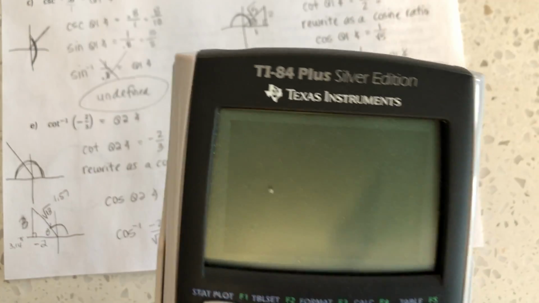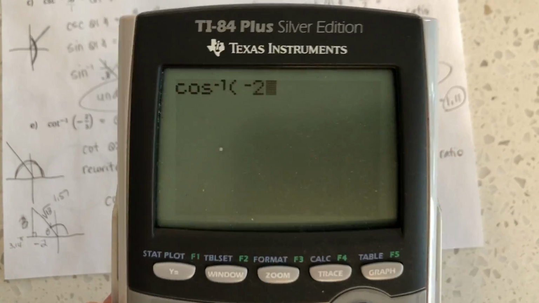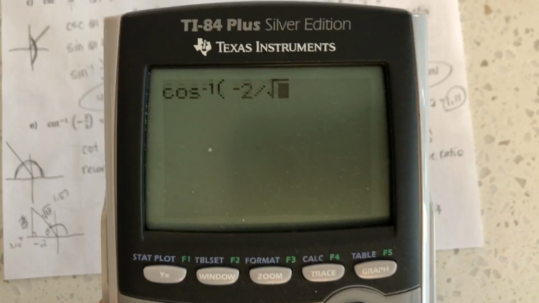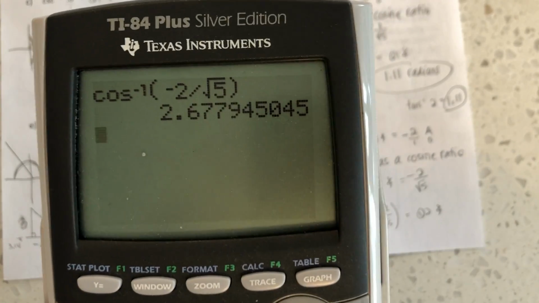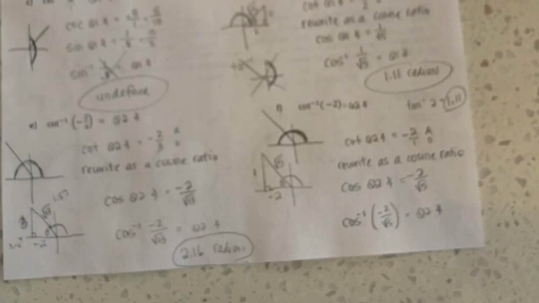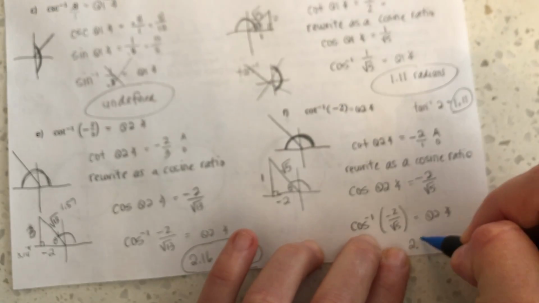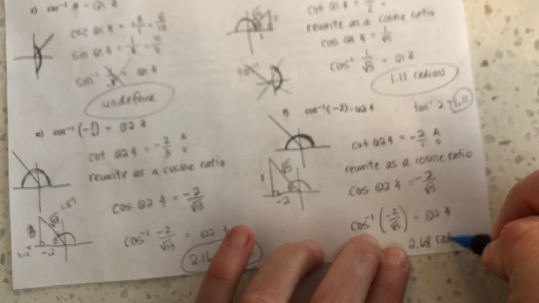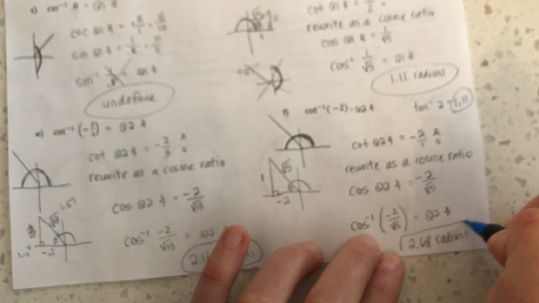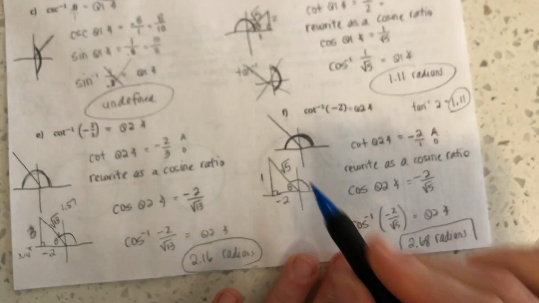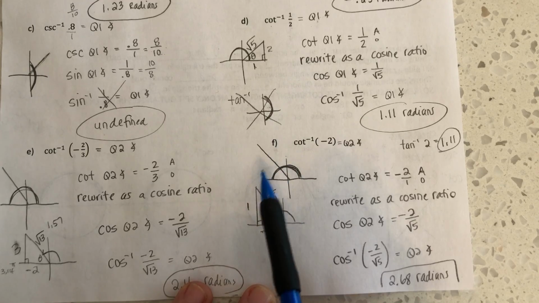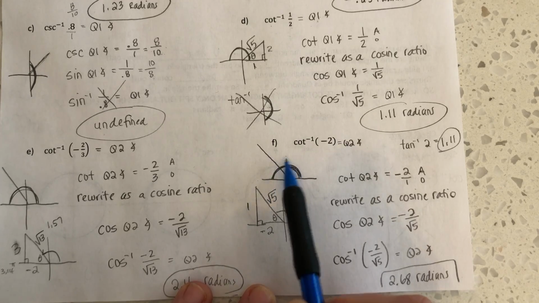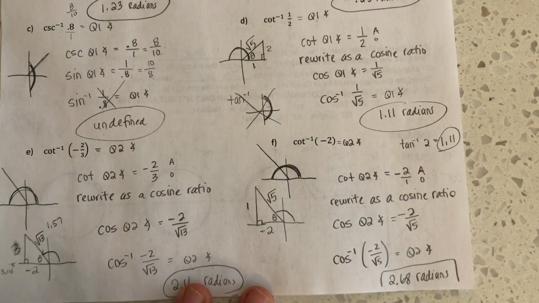The inverse cosine of negative 2 divided by root 5, hit enter. It is 2.68 radians. And is 2.68 radians a quadrant 2 angle? Absolutely, because this is 1.57 radians and this is 3.14, and 2.68 is definitely in between them.